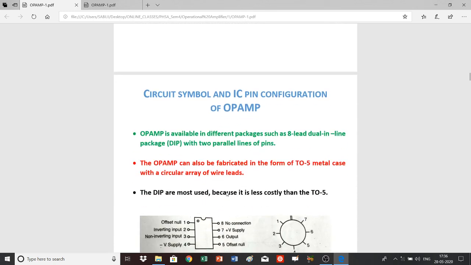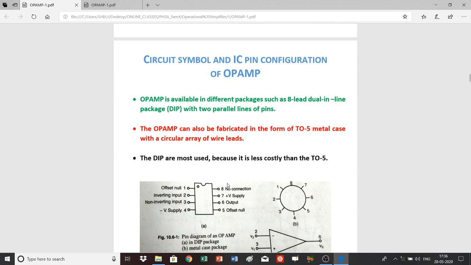And now we come to the circuit symbol and IC pin configuration of op-amp. Op-amp is very important and very familiar in the electronic industry, and it is available in different packages such as the 8 lead dual in line package or DIP package with two parallel lines of pins as shown in this figure.